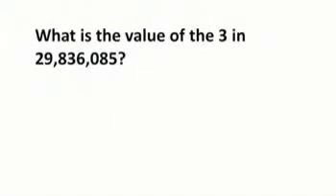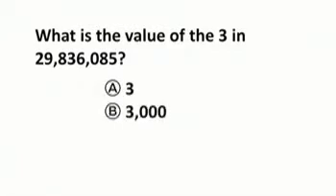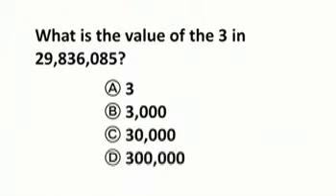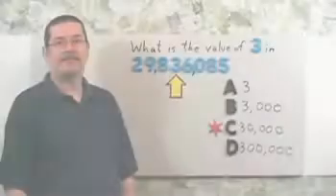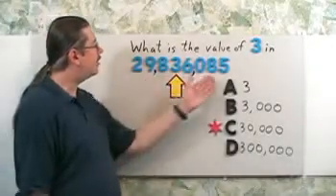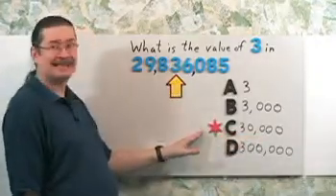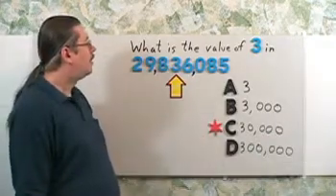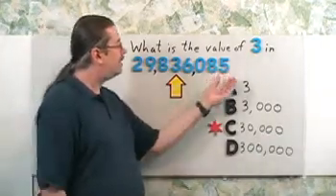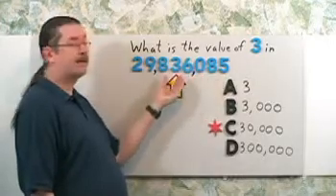What is the value of the 3 in 29,836,085? The value of 3 in this number has a value of 30,000, which is choice C. To get that, look at each place value for each number until you reach 3.